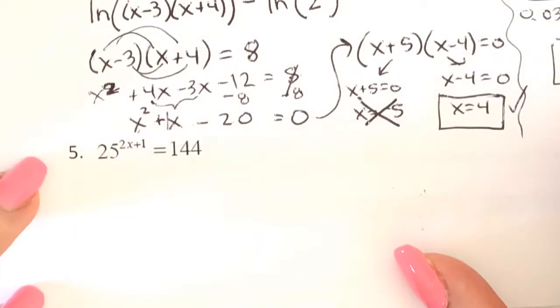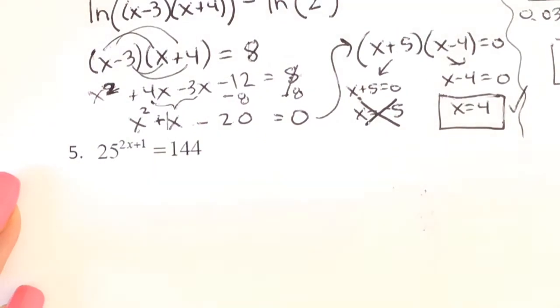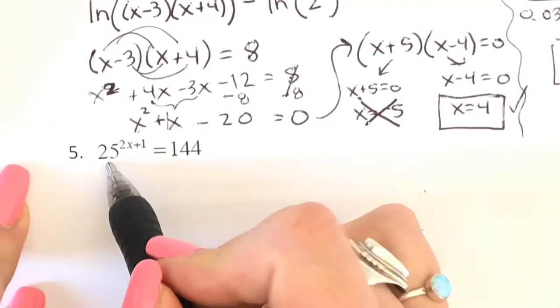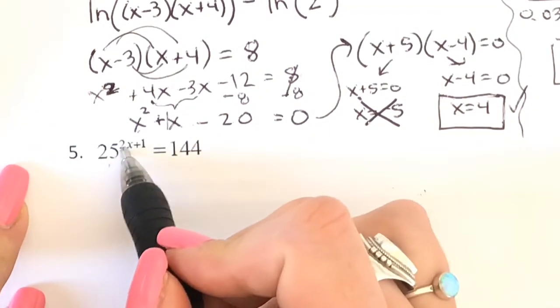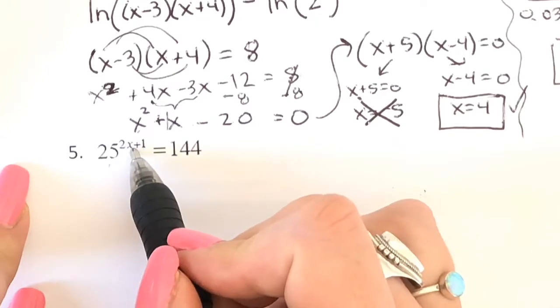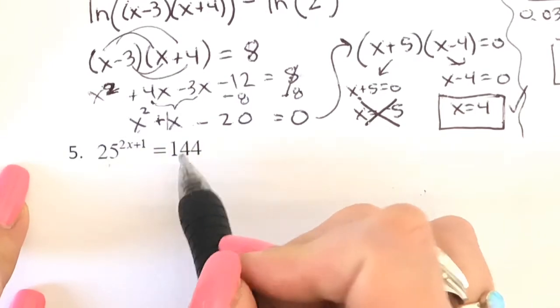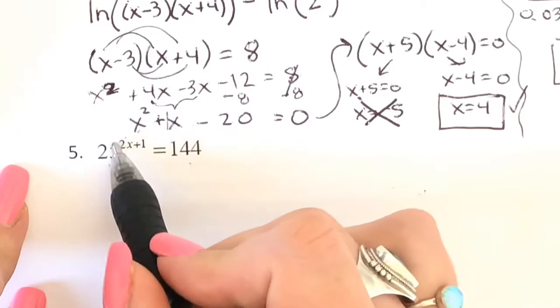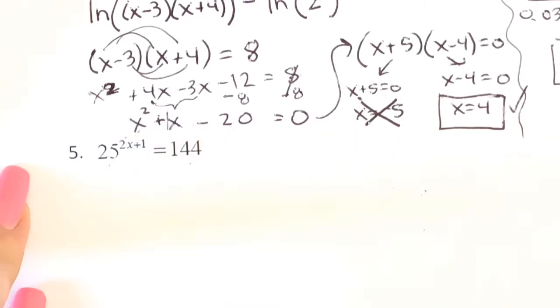So, hey, here's another one. On this one, we have 25, which is an exponential here, to a power of 2x plus 1 equal to 144. So again, when that x is up inside the exponent, we're going to want to go to log form in order to get that x out to where we can solve it.